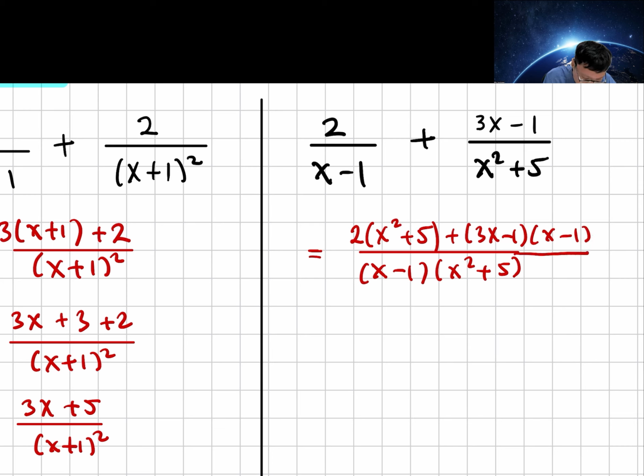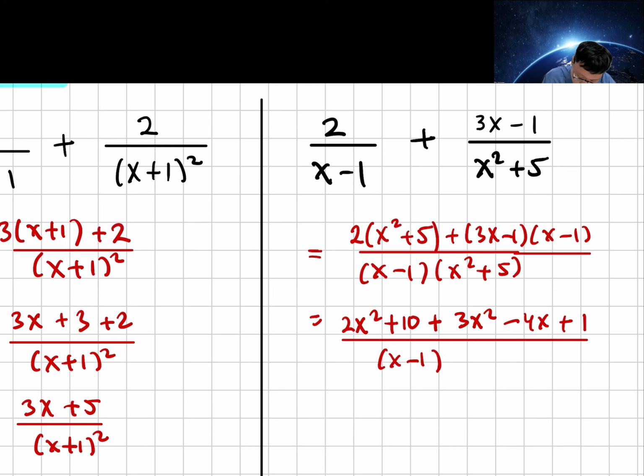And you can simplify it further. I get 2x squared plus 10, plus 3x squared minus 3x minus x, you get minus 4x, and then minus 1 times minus 1, you get plus 1. Now you can simplify it further.